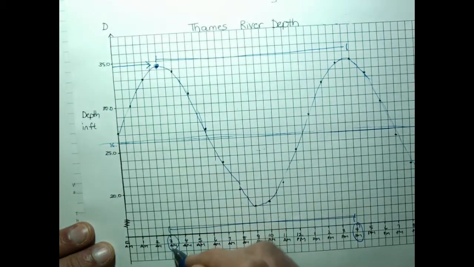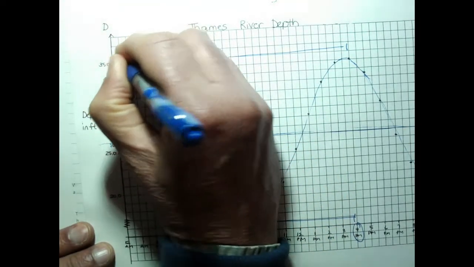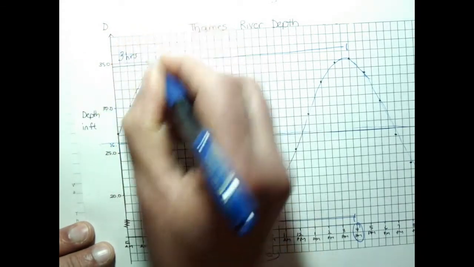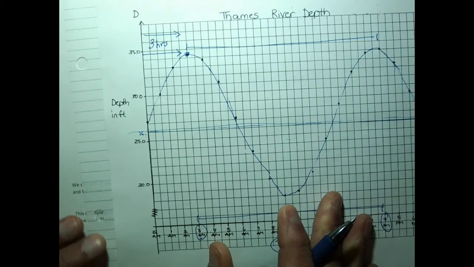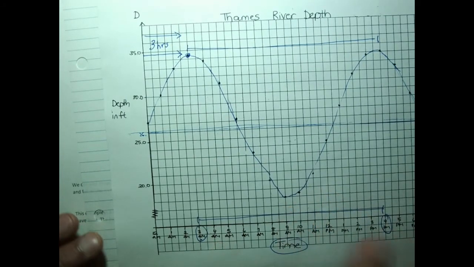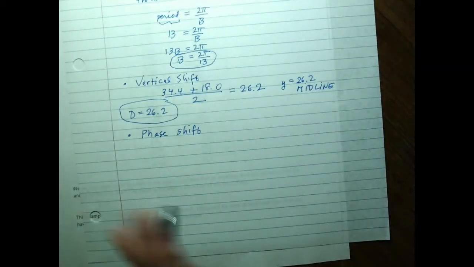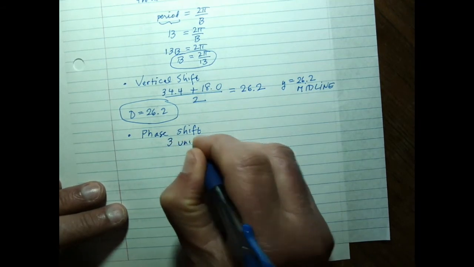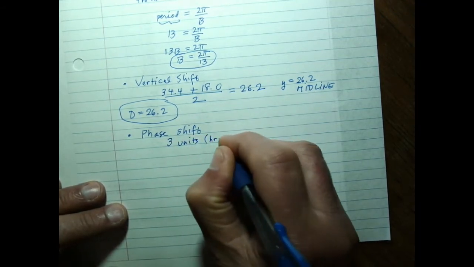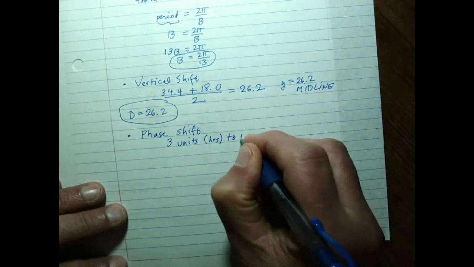So we know it's at 3 a.m., so we know we shifted 3 units or 3 hours to the right to get that fundamental period. So the phase shift is 3 units, which is the same as hours, to the right.